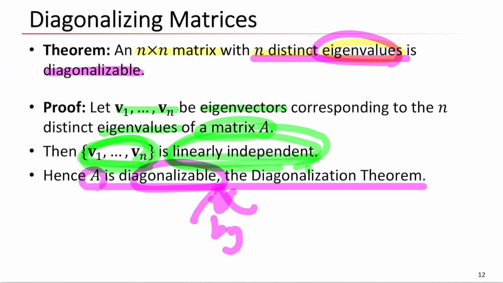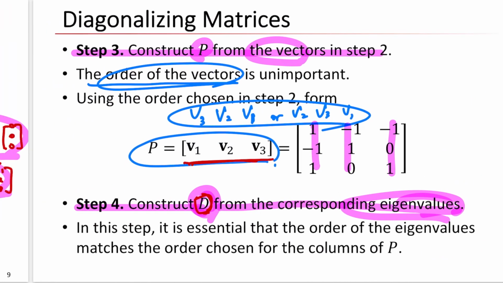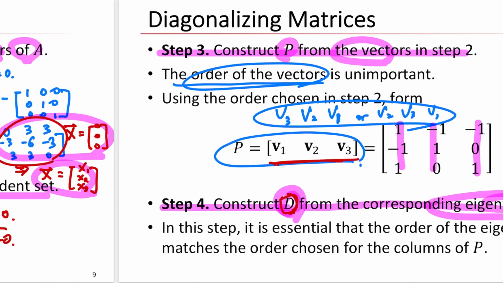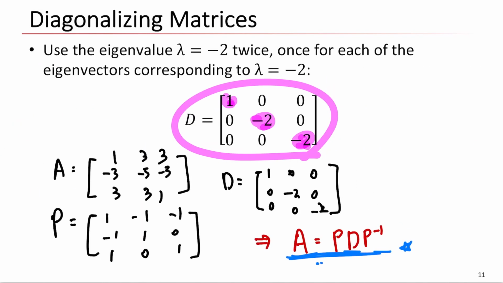So as you can see from this theorem, if the matrix A has n distinct eigenvalues and eigenvectors, we can just decompose this matrix A as P, T, P inverse, right? But as you can see in this example, even though there are no n distinct eigenvalues, we can still decompose this one.